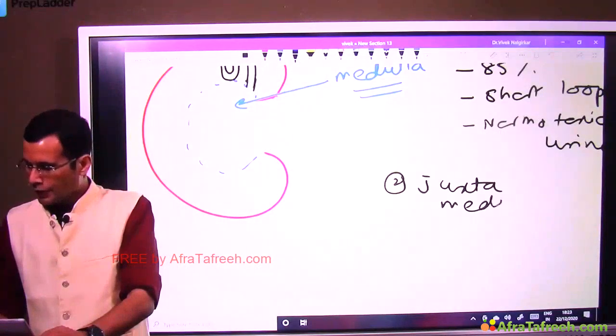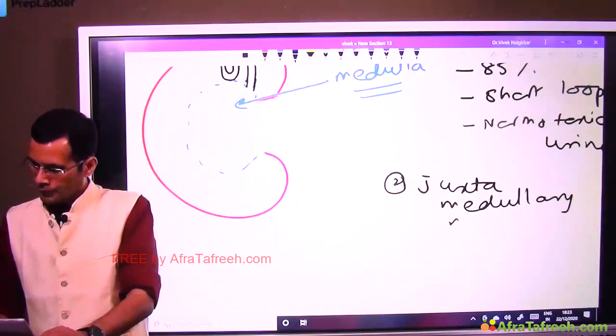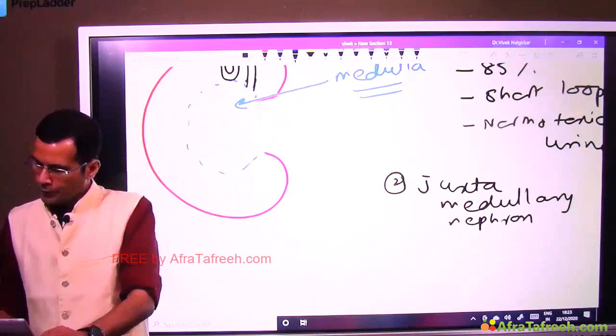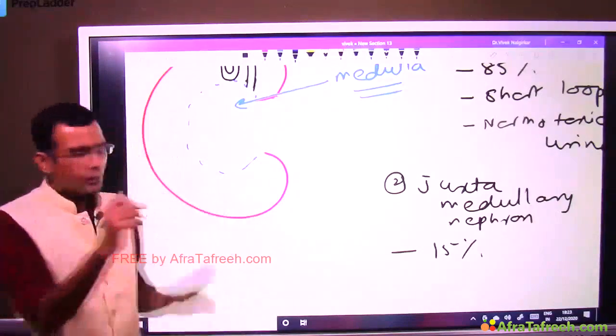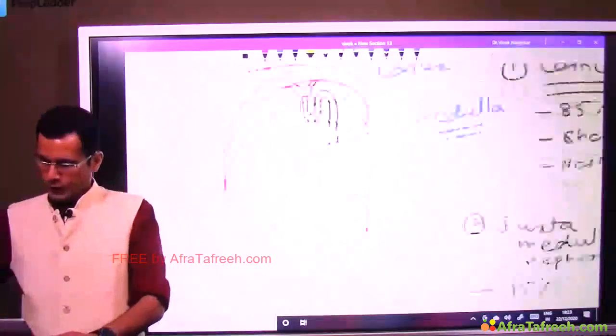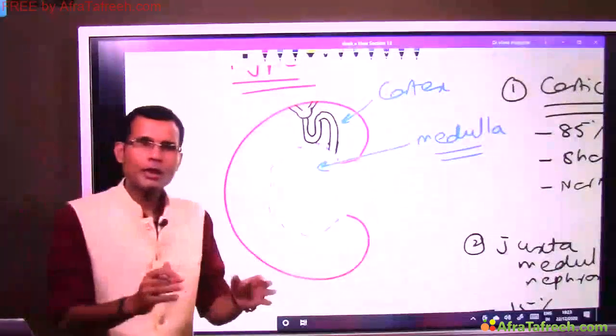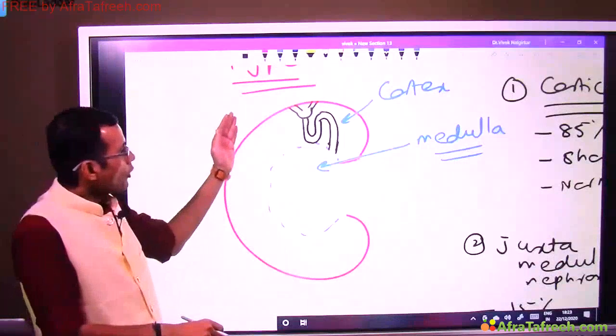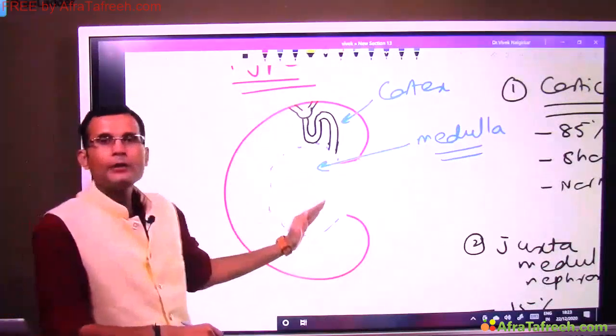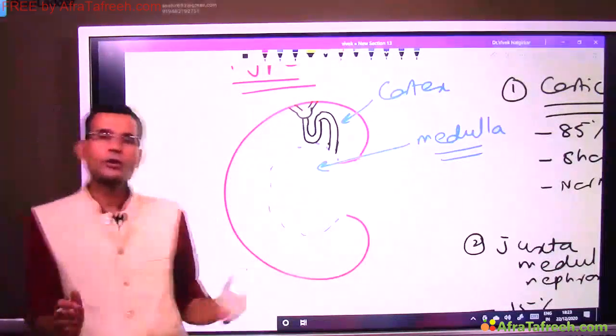The juxtamedullary nephron, about 15% population is that of juxtamedullary nephrons. Their glomeruli are located at the junction of cortex and medulla, for which reason it's called juxtamedullary.